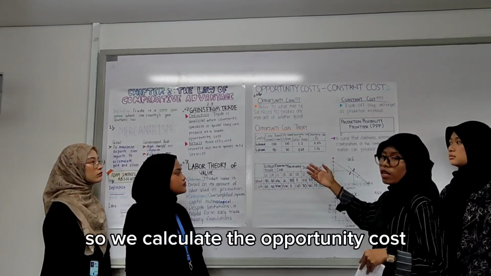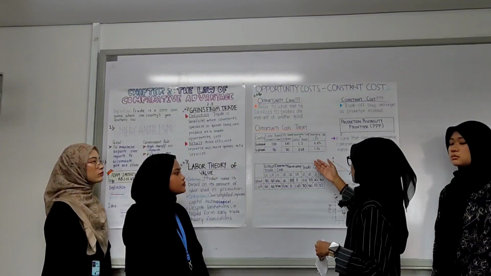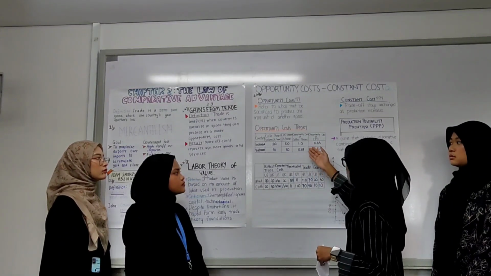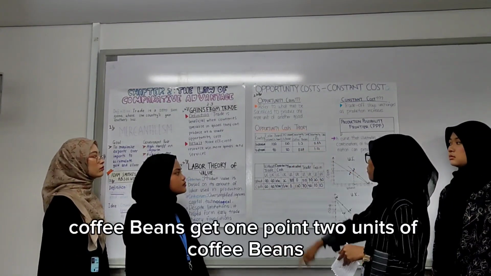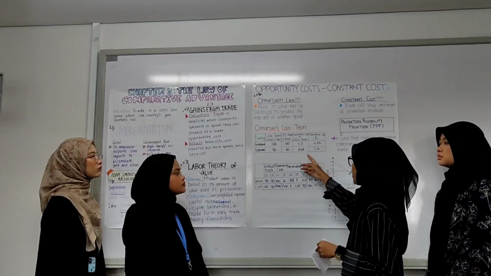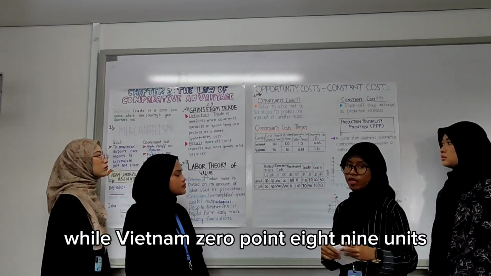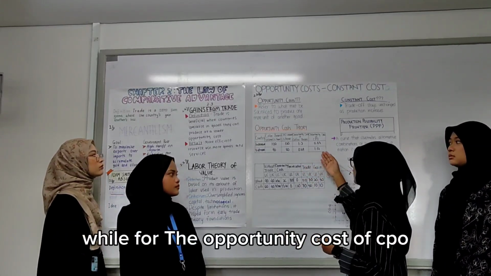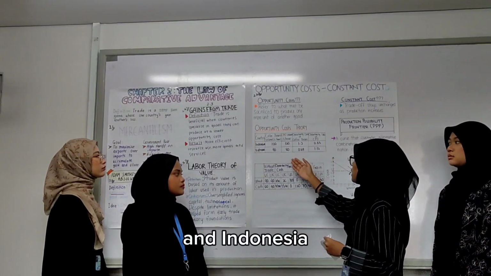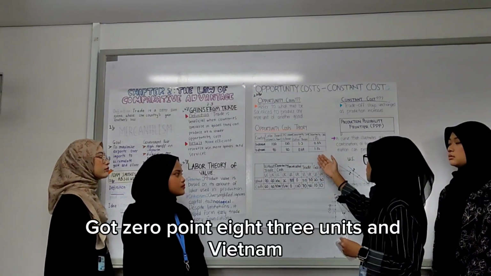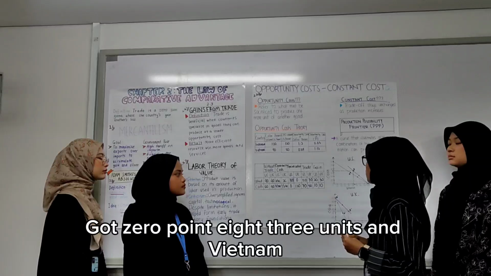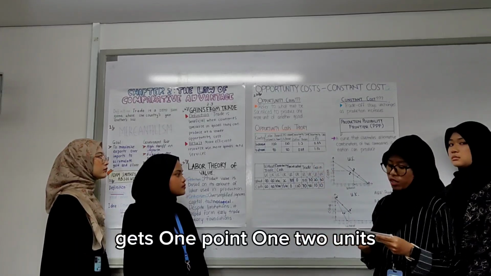So we calculate the opportunity cost. For coffee beans, Indonesia gets 1.2 units, while Vietnam gets 0.89 units. For the opportunity cost of CPO, Indonesia gets 0.83 units and Vietnam gets 1.12 units.